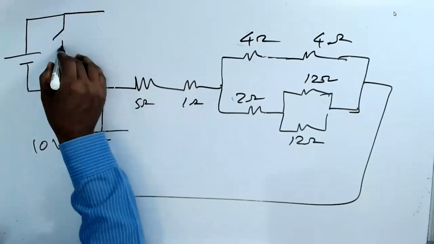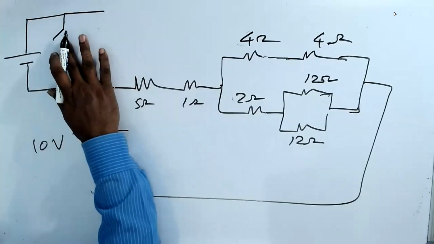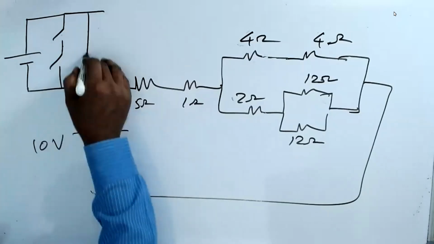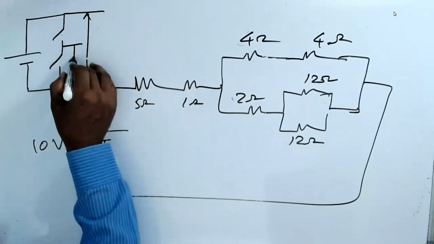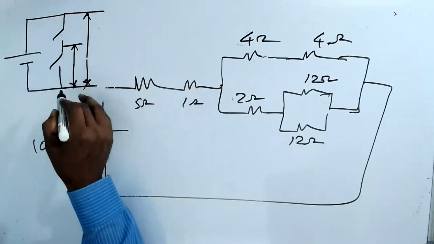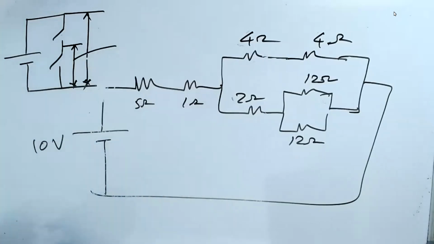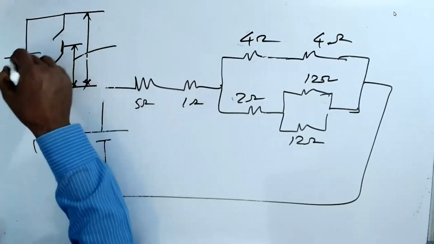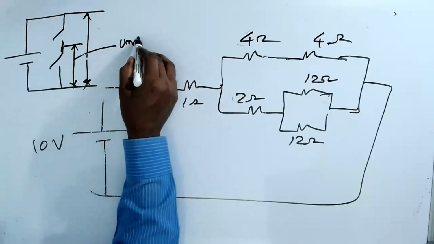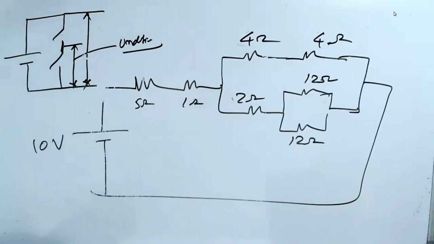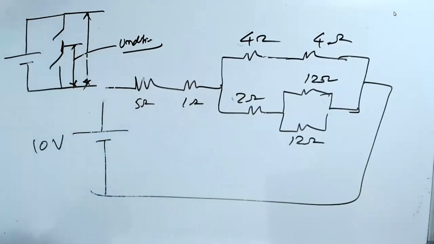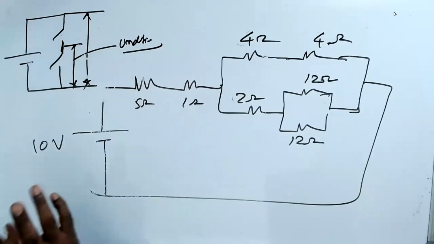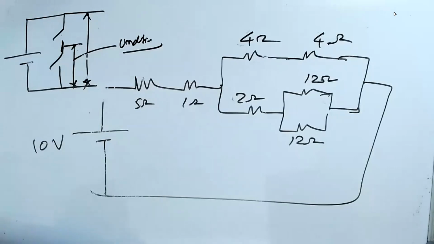This one, at that time we see this as the same voltage. And this voltage, you cannot determine, because there is no source connected here. So this is called undefined. This is also undefined because this point is not connected to this anywhere. So you cannot have a reference at all. Both are undefined.